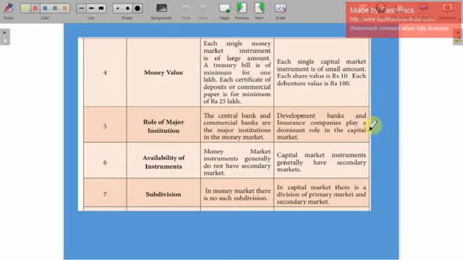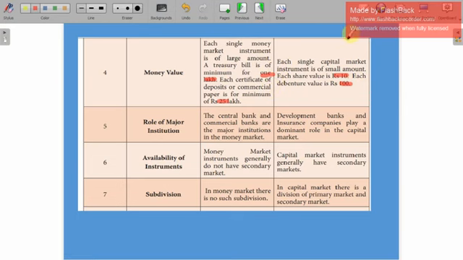Next, money value. In the money market, the treasury bill minimum value is 1 lakh, and commercial paper minimum value is 25 lakhs.